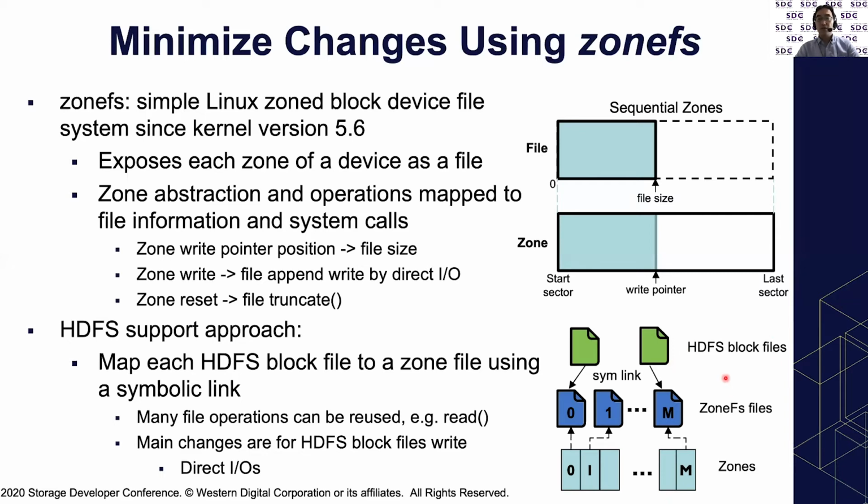To utilize zonefs, these HDFS block files are mapped to zonefs files using symbolic links. With this approach, much of the existing HDFS Java code can be used as is to handle HDFS data in zonefs files.